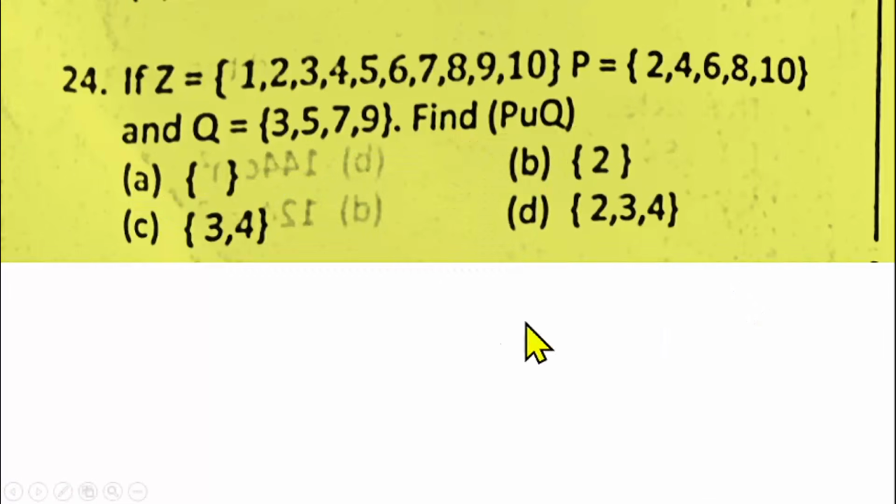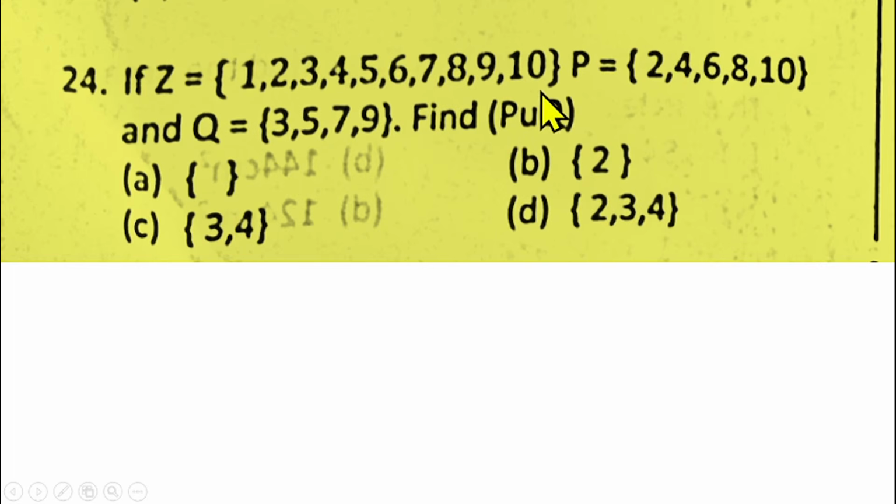Then 24 is from sets. Set Z having the elements from 1 to 10, and set P having the even numbers from 1 to 10. Then set Q is the odd numbers from 1 to 10 as well. You have to find P union Q complement.